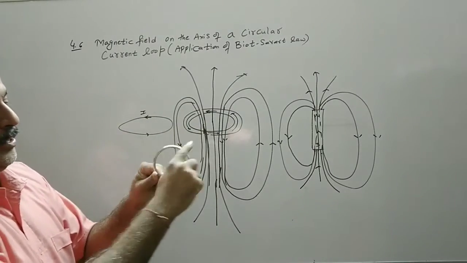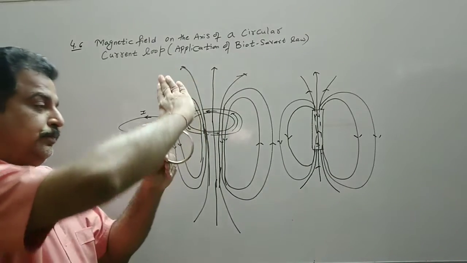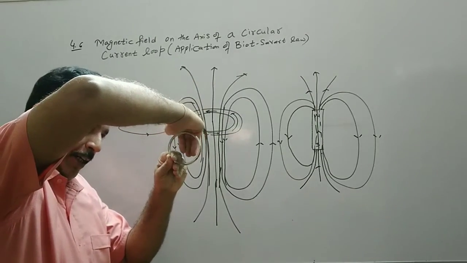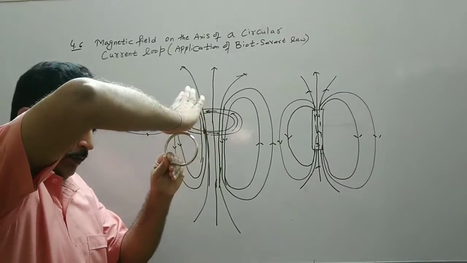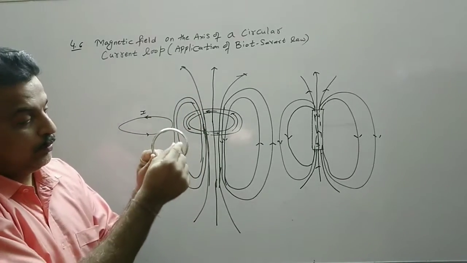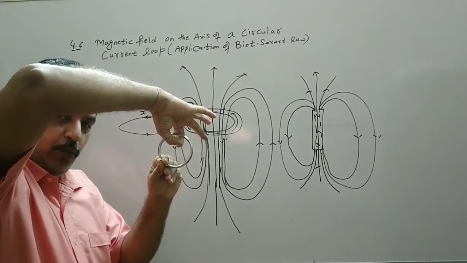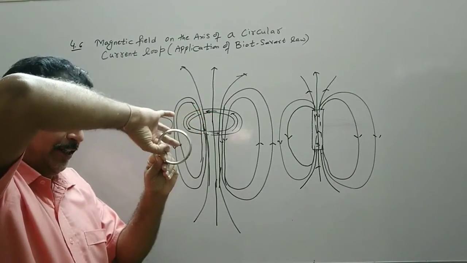Similarly, if I consider this section, the current is in this direction. I curl my hand. So it goes inward from the back and comes outward. So here the magnetic field will come like this. It will form a ring here. Again like this.